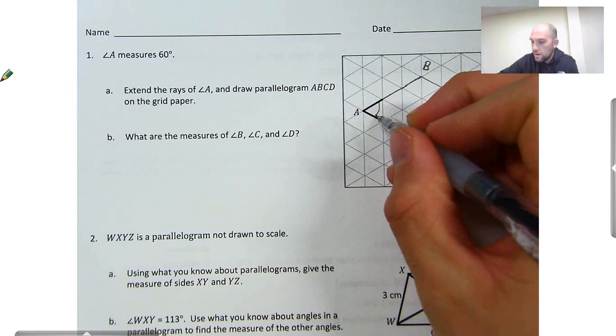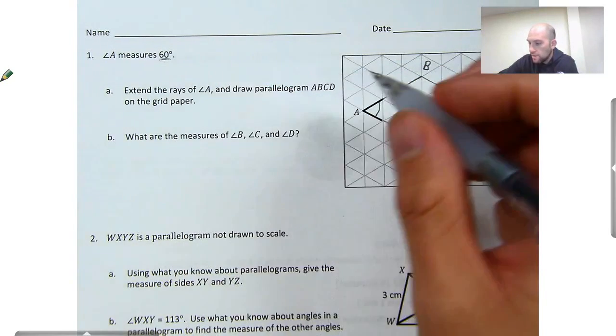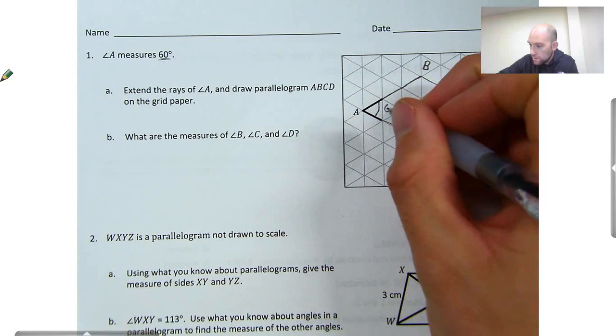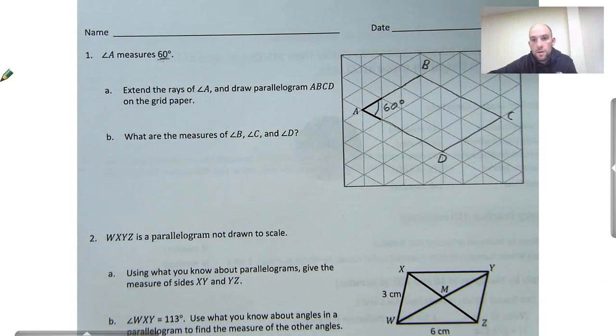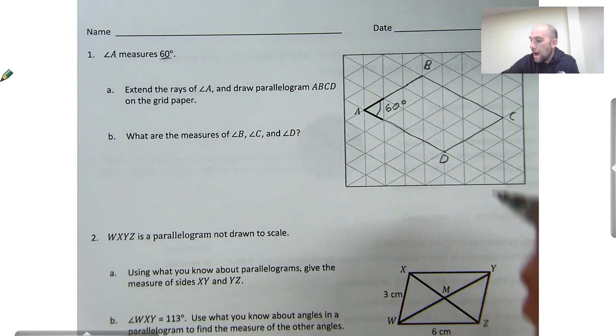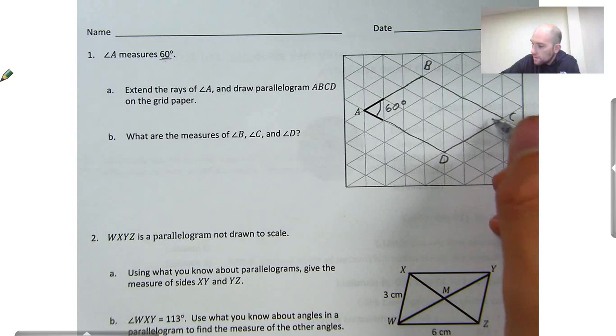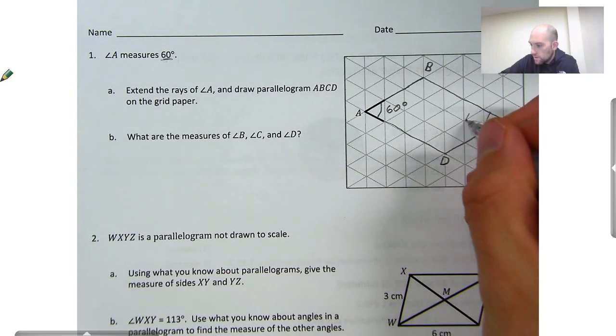This angle right here, it tells us that this angle A is 60 degrees. So we have 60 degrees there in that angle. The opposite angle, angle C, because it's opposite in a parallelogram, will also be 60 degrees.